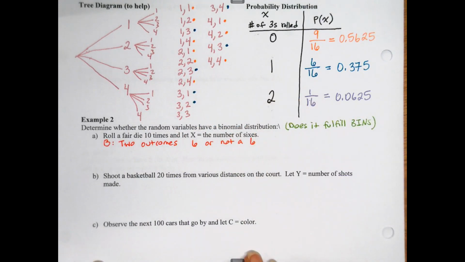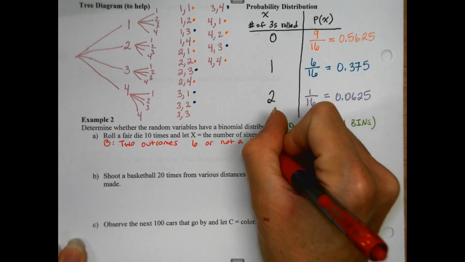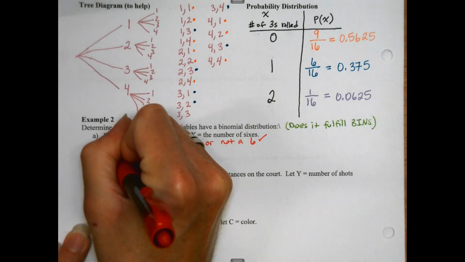Now, really it's going to be numbers 1 through 6, but because X is the number of 6s that are rolled, we don't care if it's a 1, 2, 3, 4, or a 5, because those are all not 6s. So therefore, we have 2 outcomes in this case. So that one has been checked off.